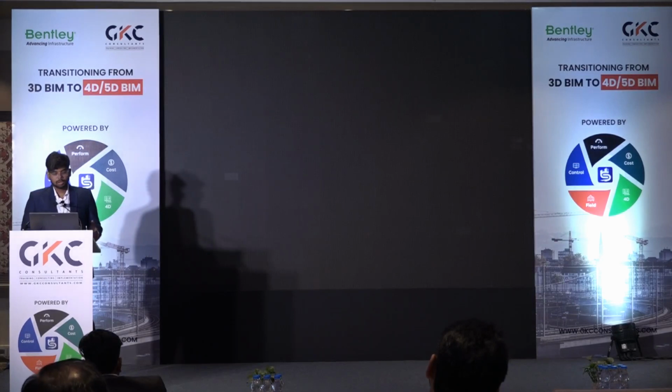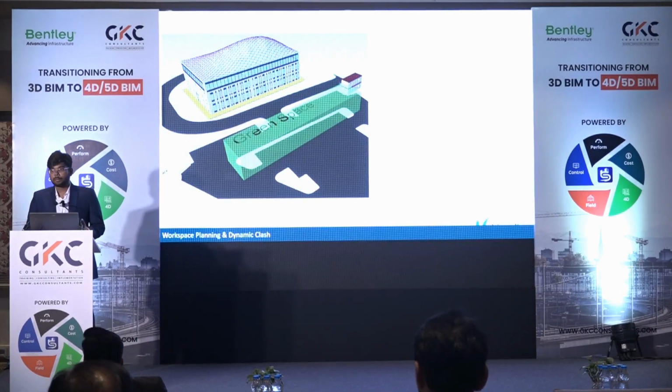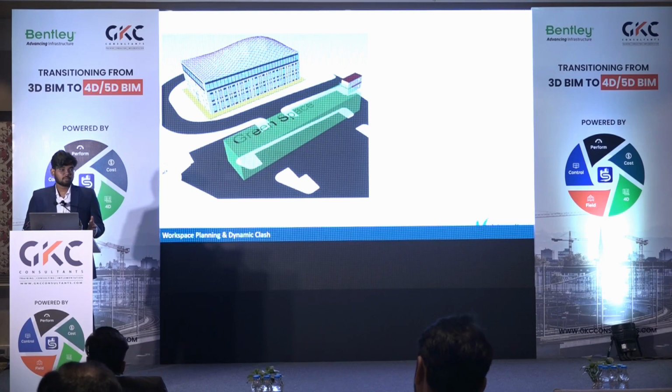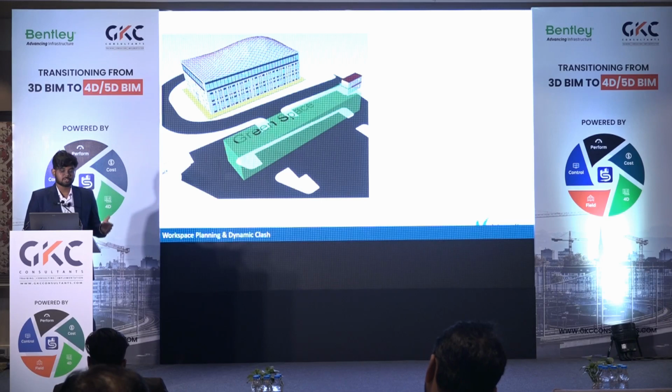So moving forward, another part of the 4D planning is workspace planning and dynamic clashes. We know the coordination clashes, which you often do in the design stage. That's about finding out if two elements are clashing at any point in time. But what about the clashes that can happen during the construction, or the clashes that you want to avoid?